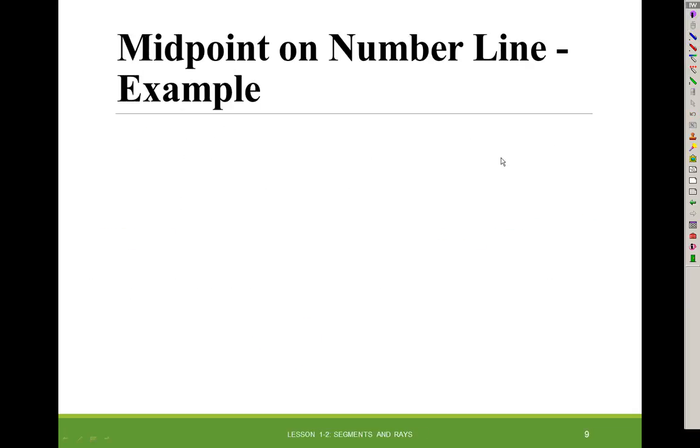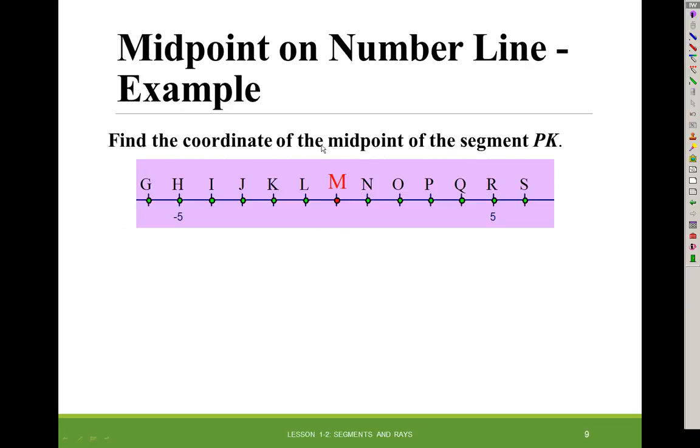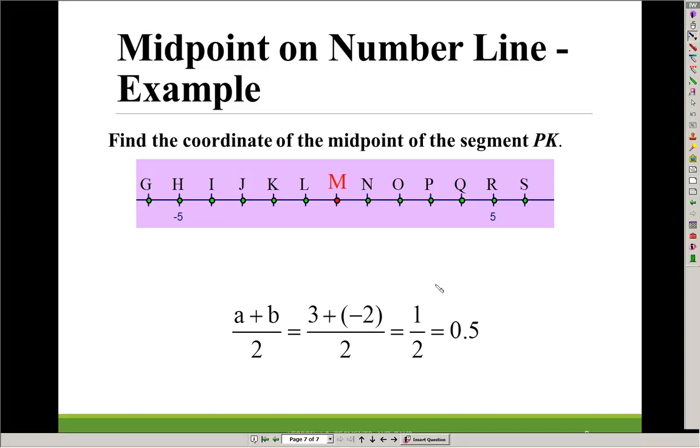So if we're doing an example on the number line here, let's find the midpoint of segment PK. Well, we know that P is at 3 and K is at -2, so add up the coordinates 3 plus -2 and divide by 2. That's 1 over 2, which is 0.5. You could call that 1/2 or 0.5.